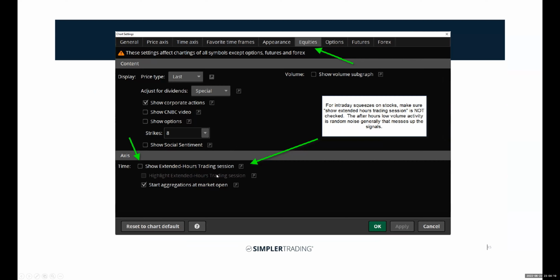Otherwise, you're going to get a whole bunch of messed up squeezes that aren't really there because it'll factor in after hours trading. If you're using the squeeze with futures, Forex, or crypto, you would keep extended hours on. So it's just for equities that you keep it off. Other than that, you don't change any of the settings.